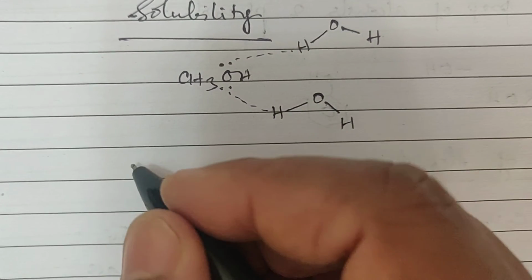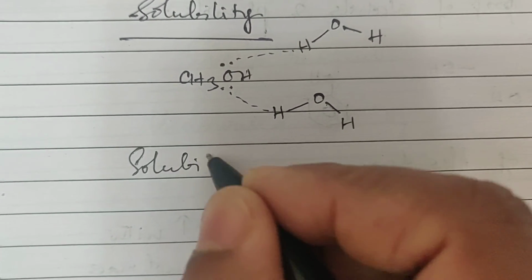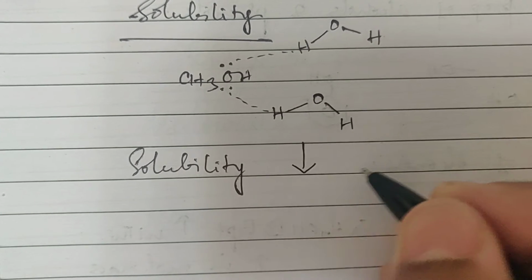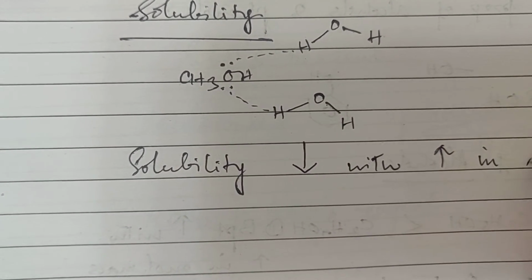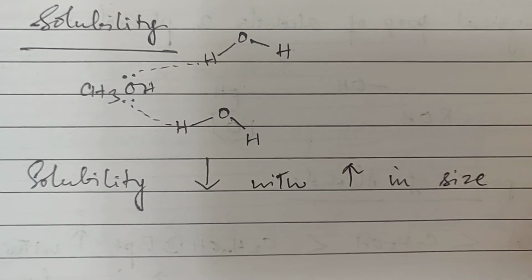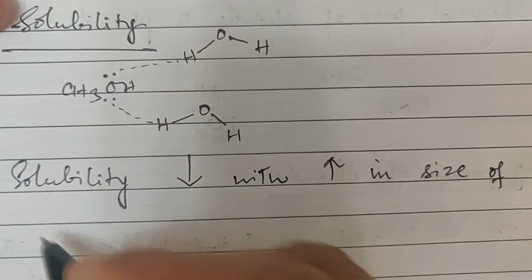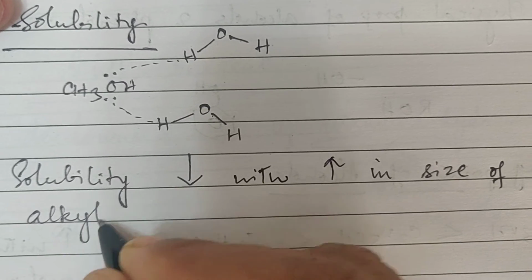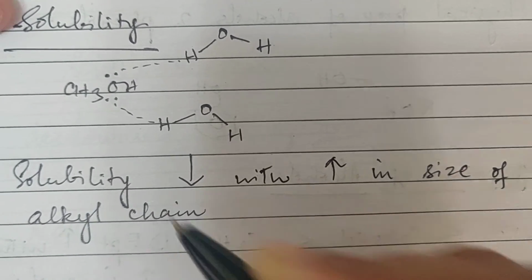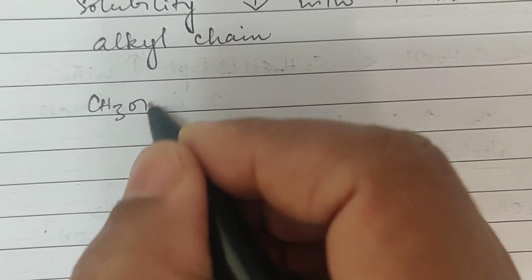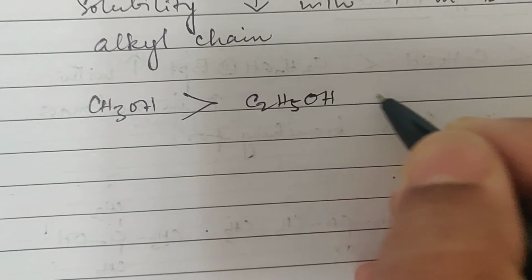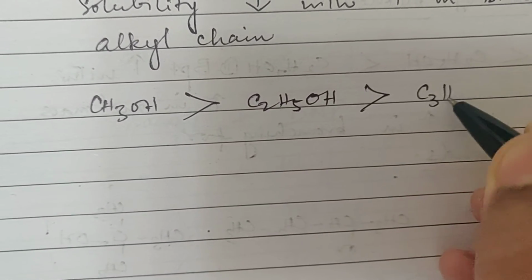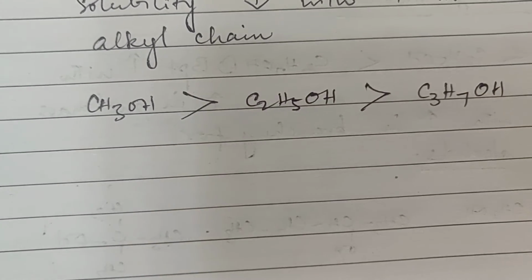But then solubility decreases with increase in the size of the alkyl chain. That is, methanol is much more soluble than ethanol, which is much more soluble than propanol, and like that it goes.